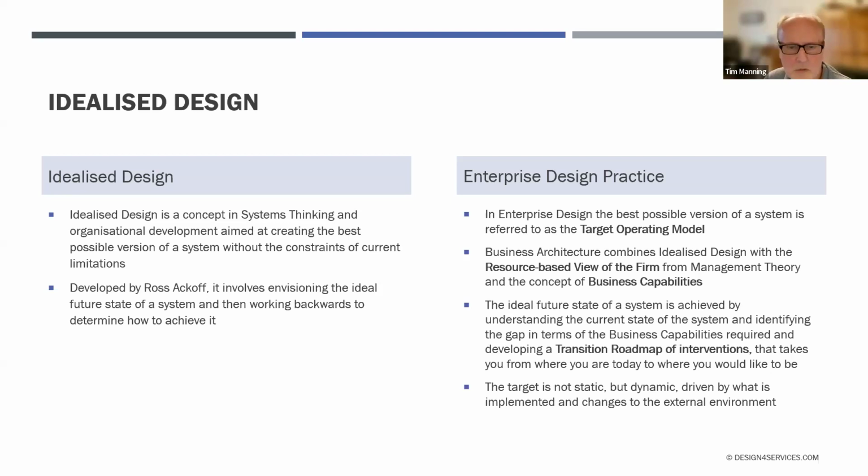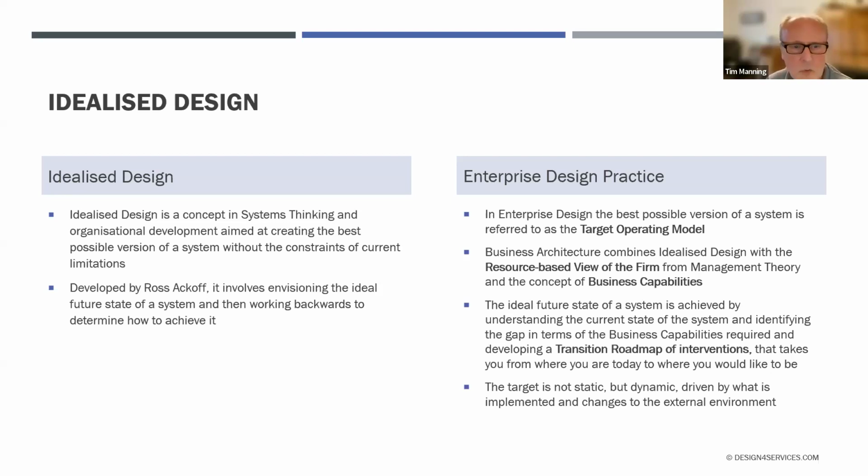And that is a fundamental part of enterprise design and business architecture. And the other thing to emphasize is that when we talk about target operating models, they're not static, they're dynamic, because essentially, as soon as you start implementing the model, the system changes and the external environment will have changed because time has moved on. So basically, you're constantly updating your target as part of the process.